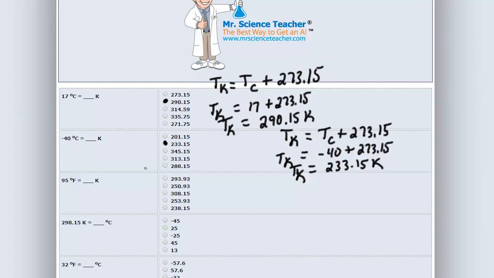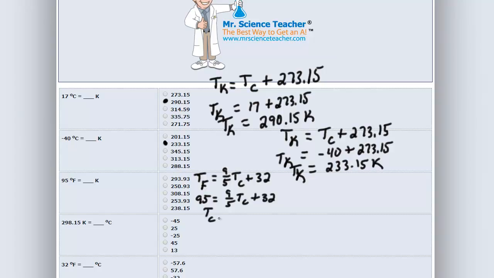95 degrees Fahrenheit is equal to what amount in Kelvin? Oh man, this is one of those we have to do twice. The temperature in Fahrenheit is 9/5 the temperature in Celsius plus 32. They tell us the temperature in Fahrenheit is 95, and so we have 9/5 the temperature in Celsius plus 32.